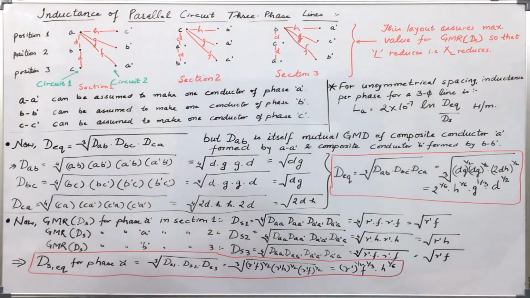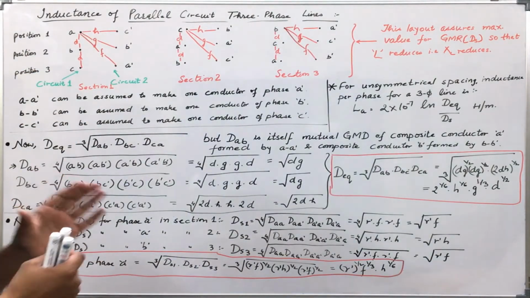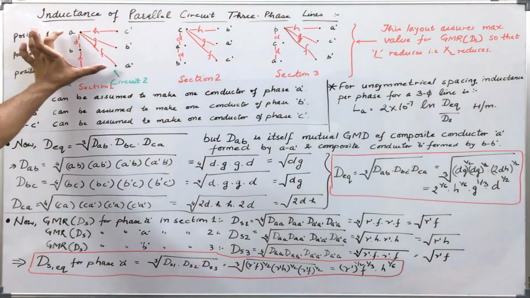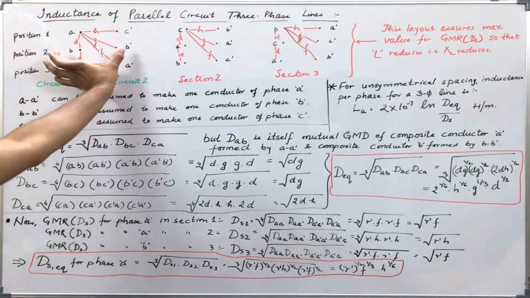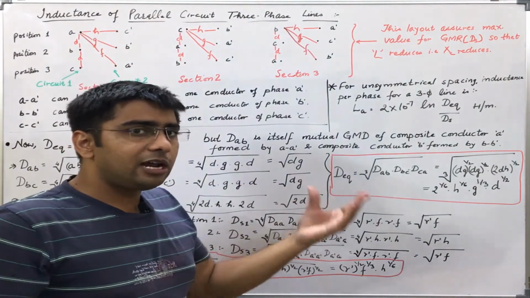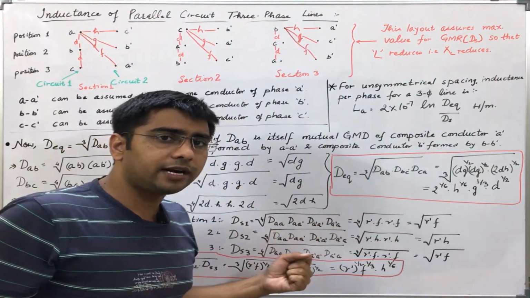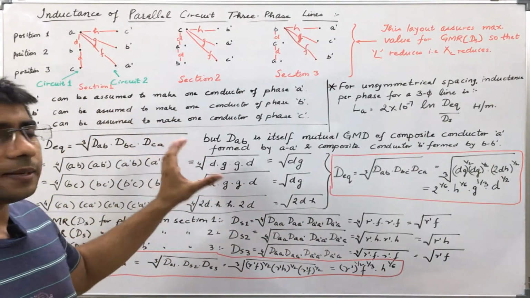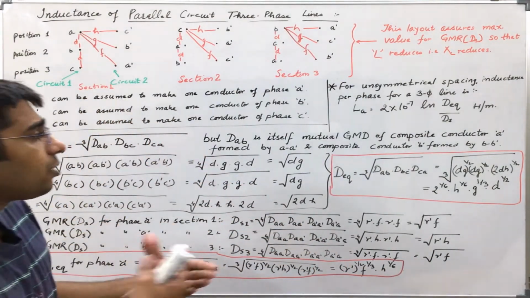But we can see that DAB is itself made of composite conductors, as A is made of AA dash and B is made of BB dash. So to calculate the equivalent value of DAB, I will have to calculate the mutual GMD for the conductors AA dash, BB dash. How will I calculate it?